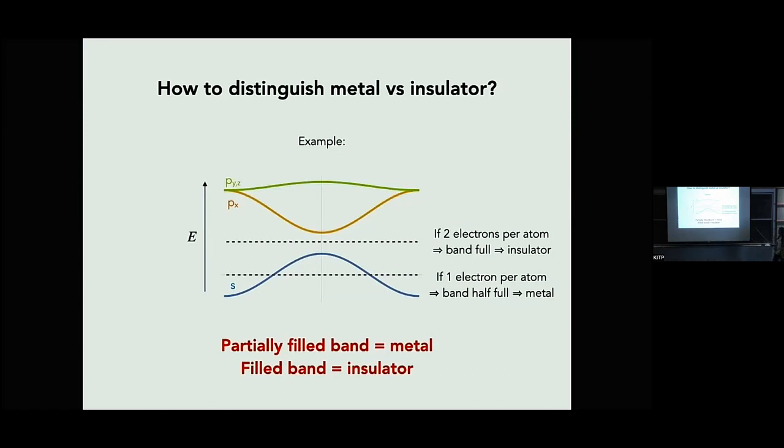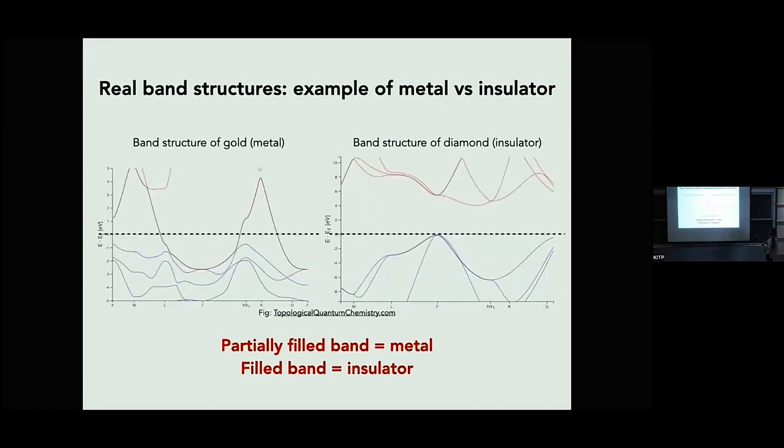And I guess I have something more here, which is some real band structures. Okay, people like this. So just to show, this is a band structure of gold. Gold is a metal, and the electrons are filled up to this dashed line. So even though it's complicated, you can clearly see that we partially filled this red band. Similarly, this is the band structure of diamond. It's an insulator.